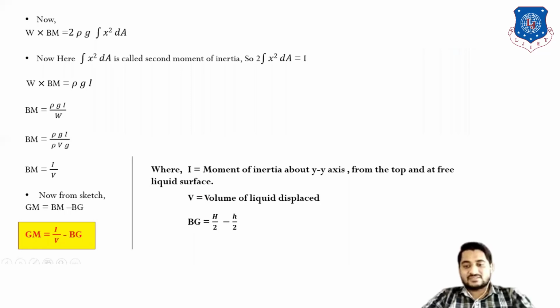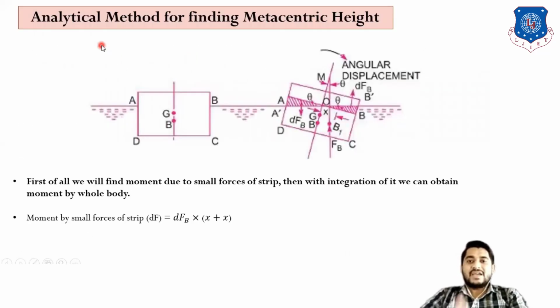So let us revise this theory: the analytical or theoretical method for finding out metacentric height. First we have to draw a simple sketch of the cube. Then after a small tilting moment, B shifted to B1. So W is as it is and FB is moving here. Now we have to balance the moment by small forces and the resultant force.